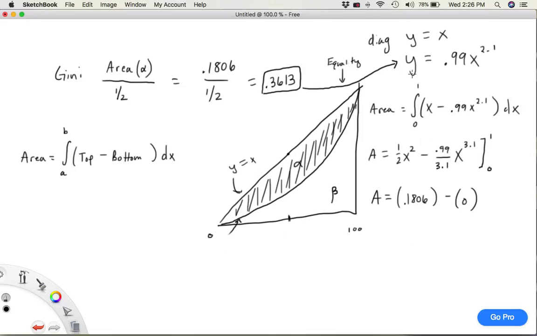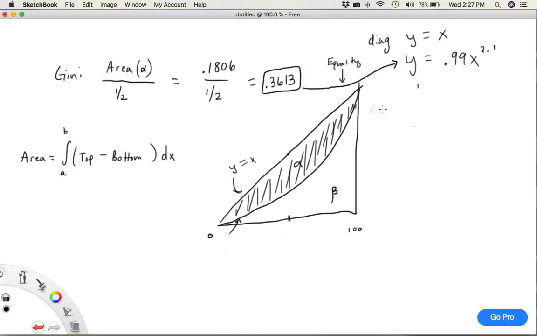Now we just need to do the same calculation with a different Lorenz curve. And the new Lorenz curve should be y equals 0.36x squared plus 0.64x.